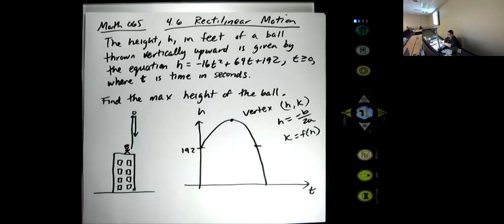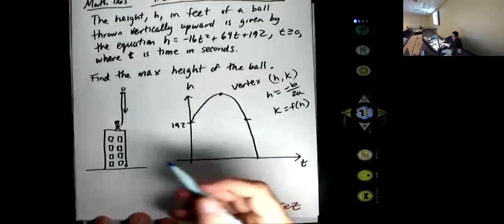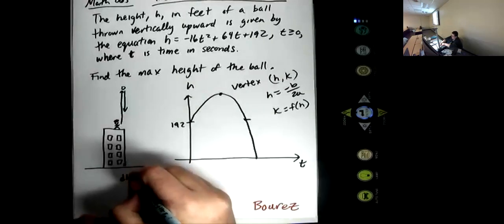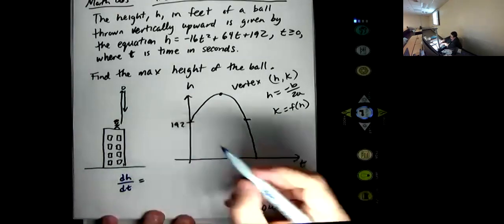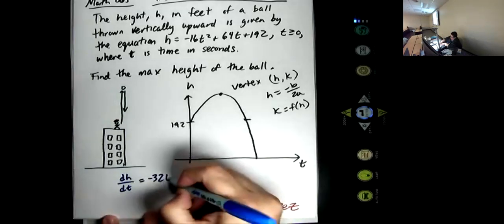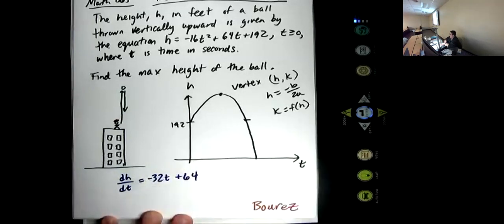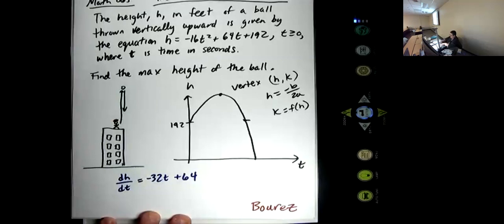We're going to do just like you said, take the derivative. So what is the derivative here? Thank you, Dalton. And we set it equal to 0, right?